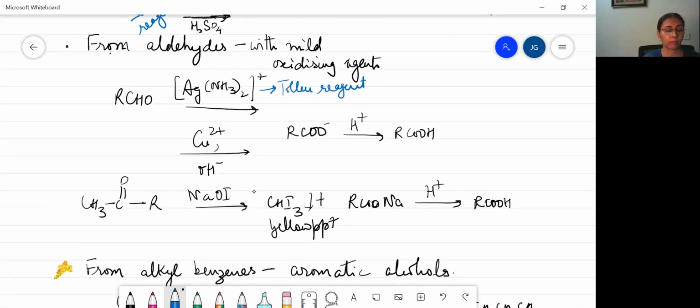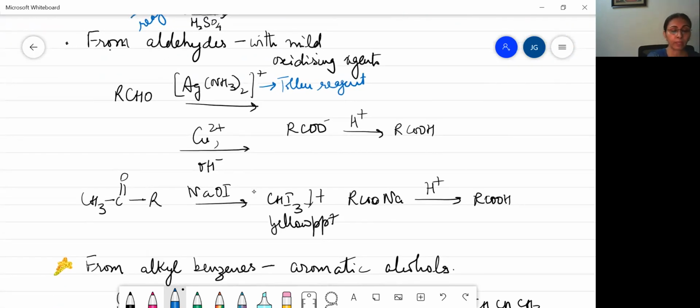Similarly, copper ions in the alkaline medium, this is your Fehling's solution. We simply call it Fehling's. This again will give you carboxylate ion, which upon acidification will give you carboxylic acid.